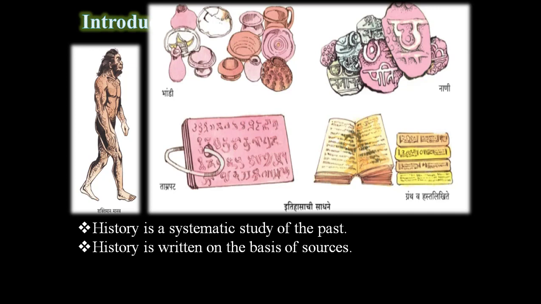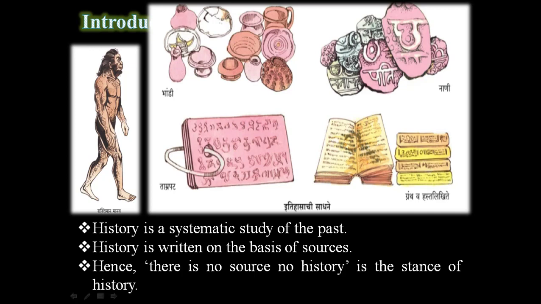Sources, we are going to get more information in this lesson or in this video. Hence, no source, no history is the stance of history. That is the reason without sources we cannot accept the history.